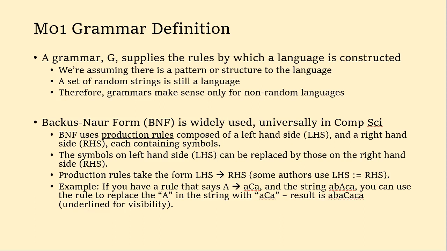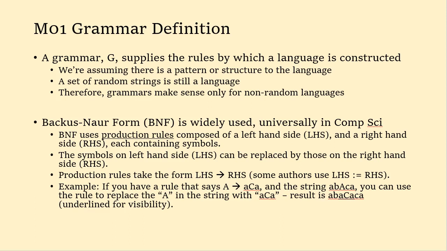You'll see both. I like arrows. I'm using arrows. I don't care what you use. And what the production rule is telling you is if you see elements on the left-hand side in a string, you can replace it with those on the right-hand side. It's like a game. It's a substitution game.